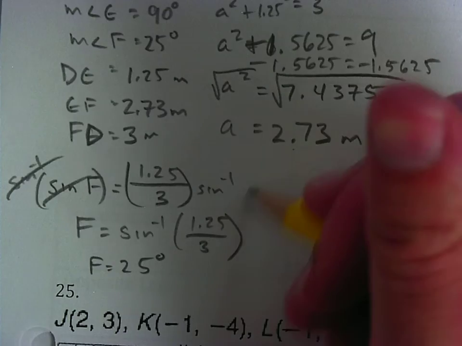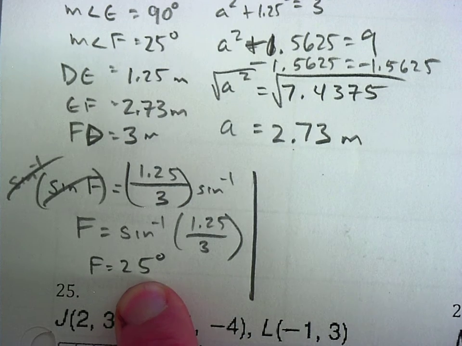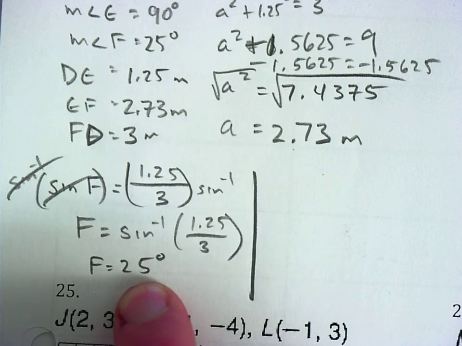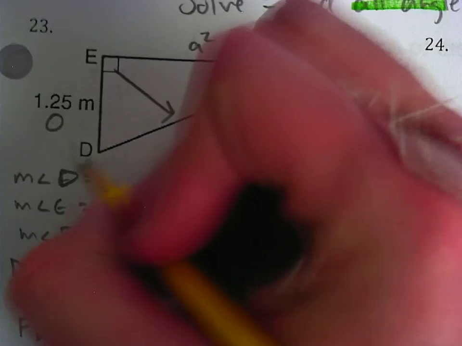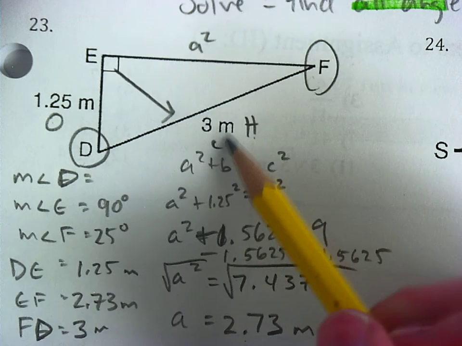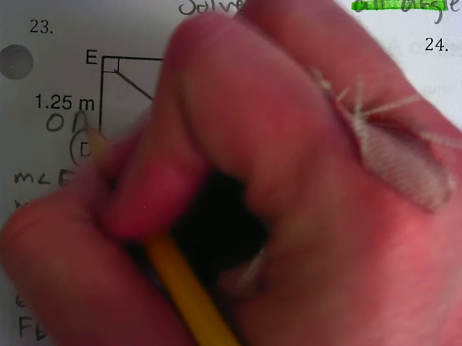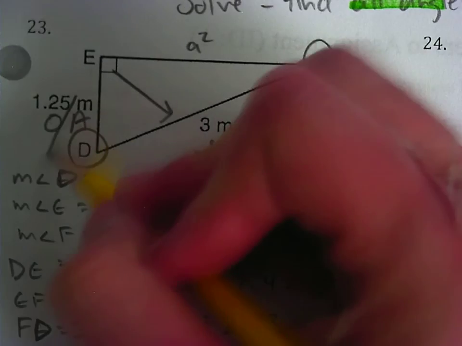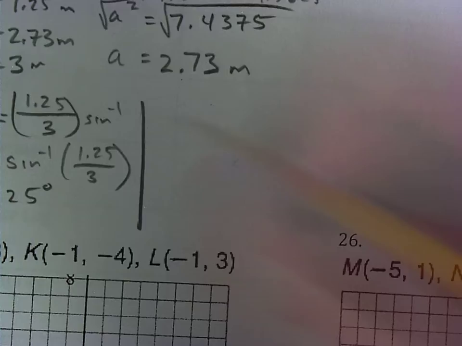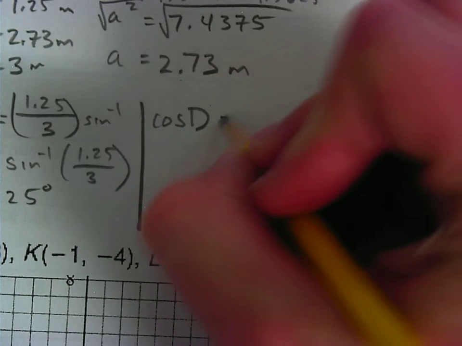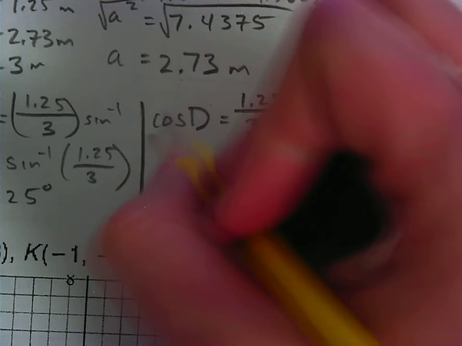All right, and now because we calculated this, we don't want to just subtract from 180 or subtract from 90. Instead, we're going to use another trig ratio to find angle D. Now from angle D, 3 is still the hypotenuse, but this 1.25 is actually adjacent. So if we have adjacent and hypotenuse, we're using the cosine of D. The cosine of D is 1.25 over 3.